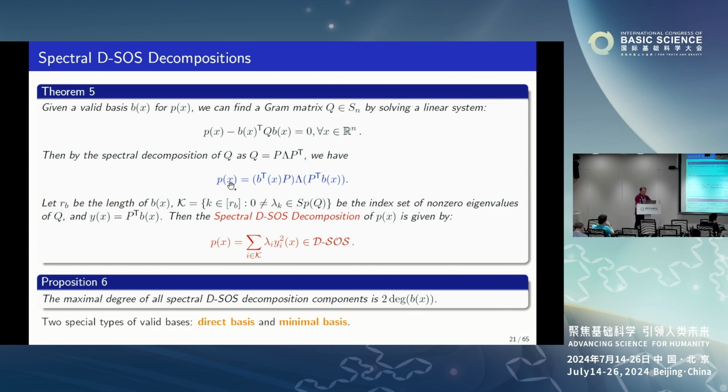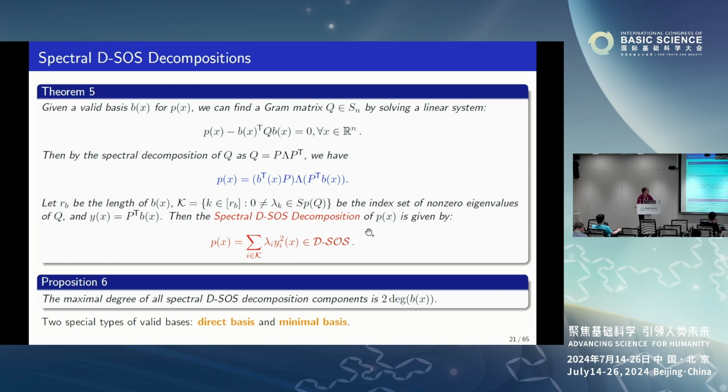This means that P can be written as a difference of convex sums of squares. Why difference? Because lambda can be either positive or negative, right? It's eigenvalues. So you see, we can easily construct such a special decomposition for any polynomial with a given basis matrix.